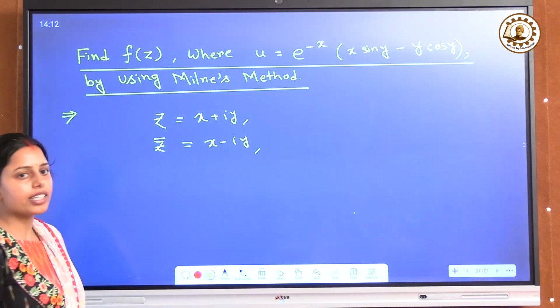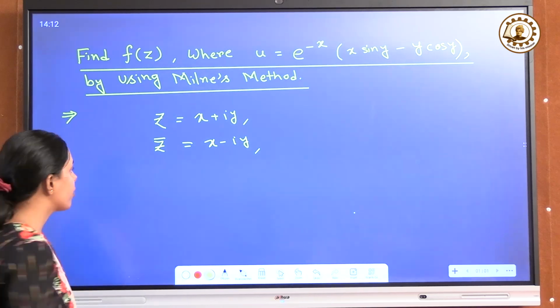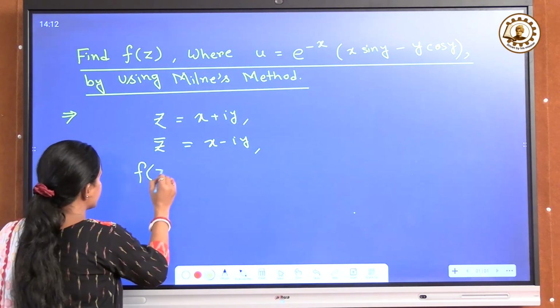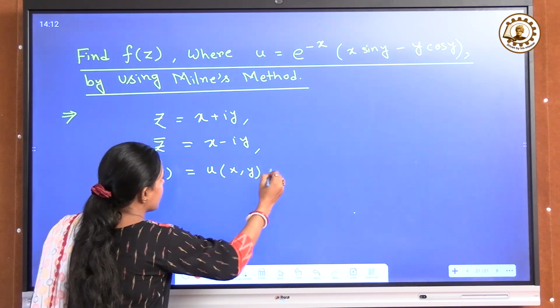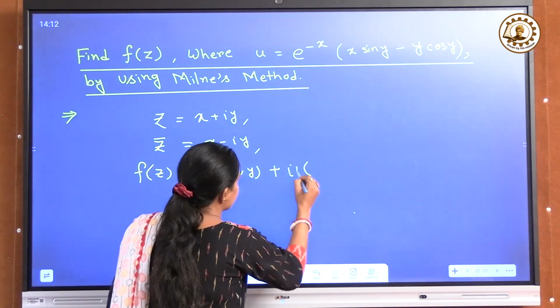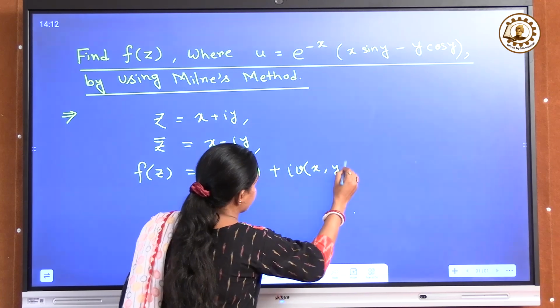Now we take the analytic function f of z. So f of z equals u of x, y plus i v of x, y.